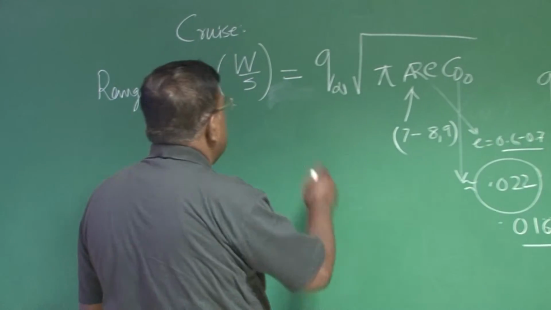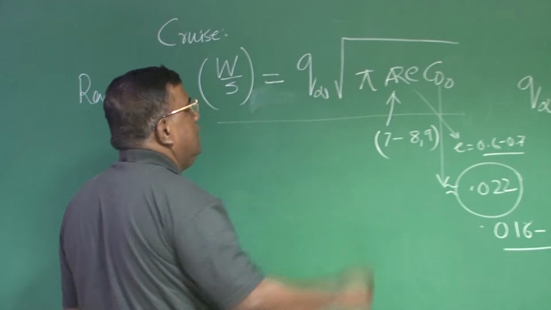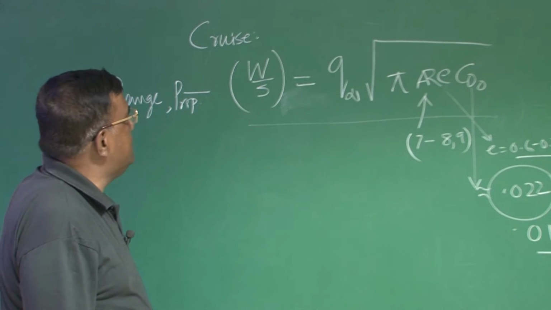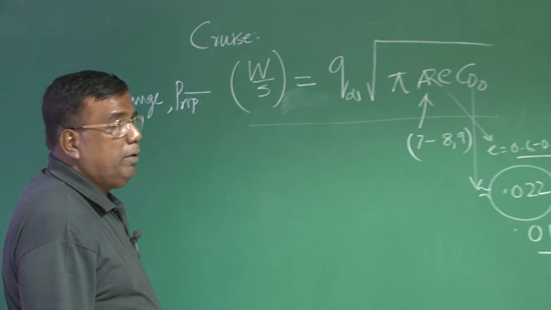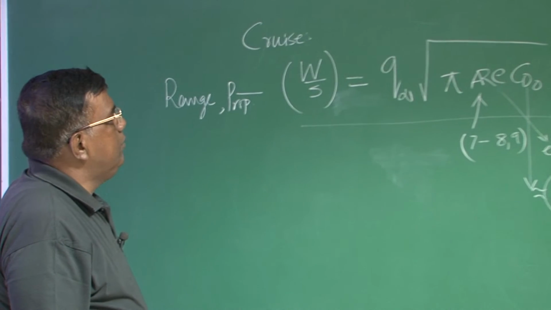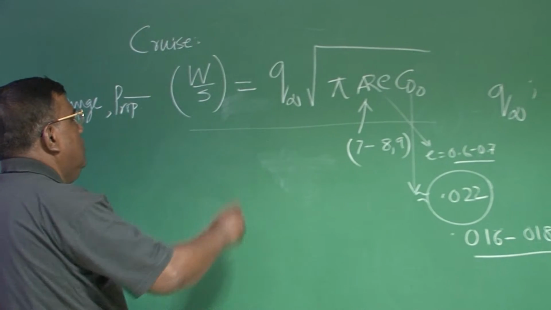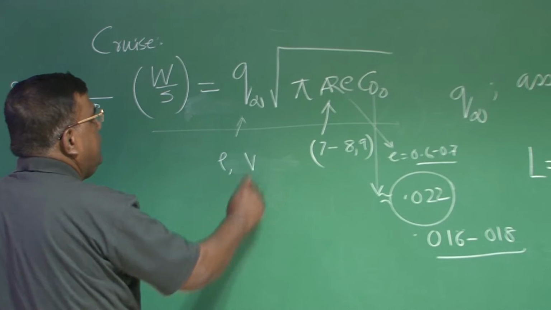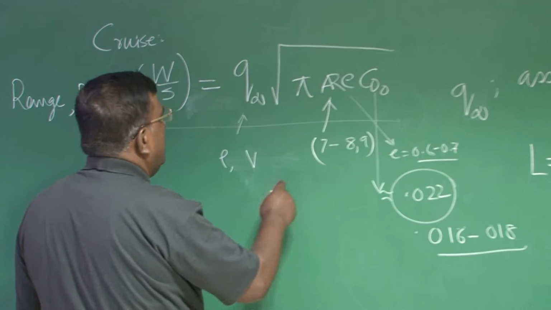So the message is, yes, if I ask you a question, if you are having this expression at a conceptual stage, whether you can get some value of W by S for a cruise, for range maximum, for a propeller-driven airplane, can I have some idea or not? The question comes, if I want to get W by S, I need to know what the dynamic pressure is, so I need to know the altitude and what speed I am going to fly, and then aspect ratio, these values you can take.